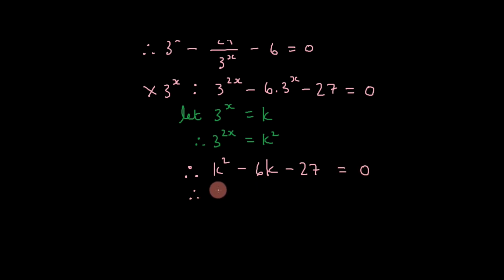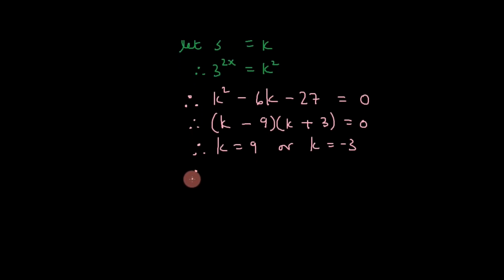And we can factorize this. And we see that k is equal to 9 or negative 3. We bring our x's back in.